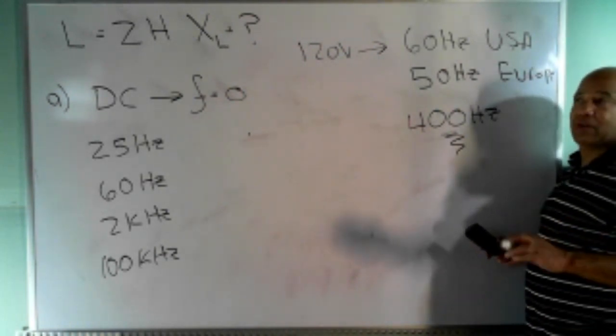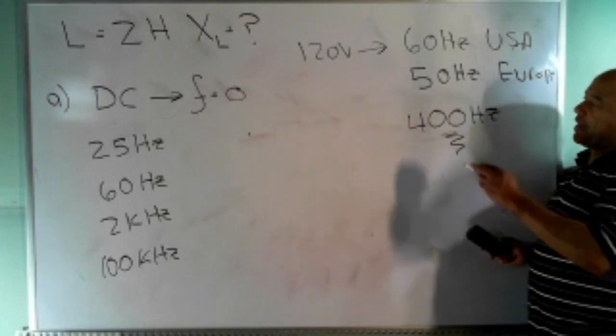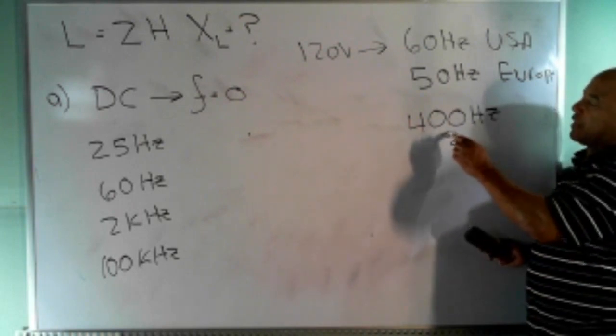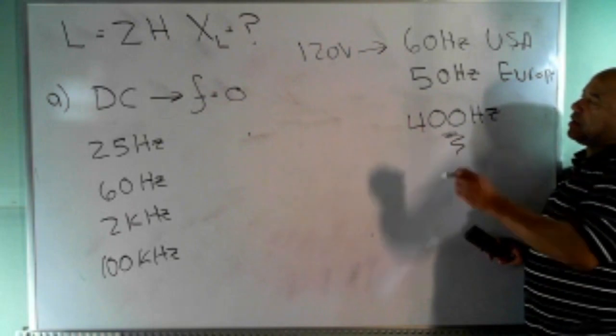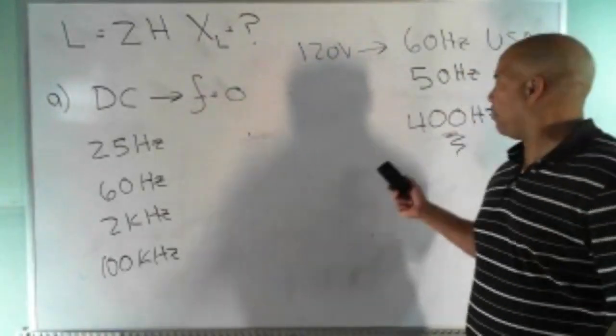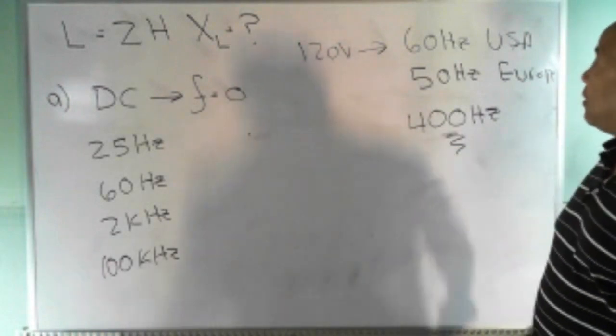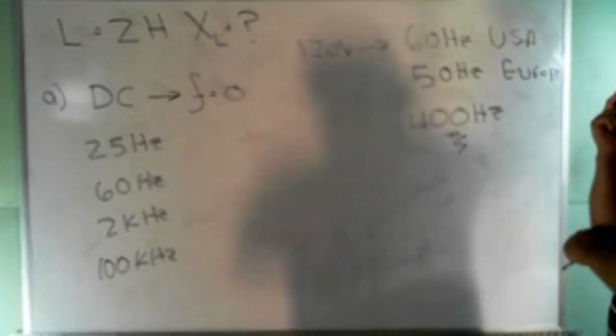Why would they want to make them smaller? Well, it's not the size, but really it's the weight. So by making the frequency in the airplane higher, certain devices can be made smaller and lighter. This is a standard frequency for an airplane in the United States. I don't know about overseas, but 400 hertz.